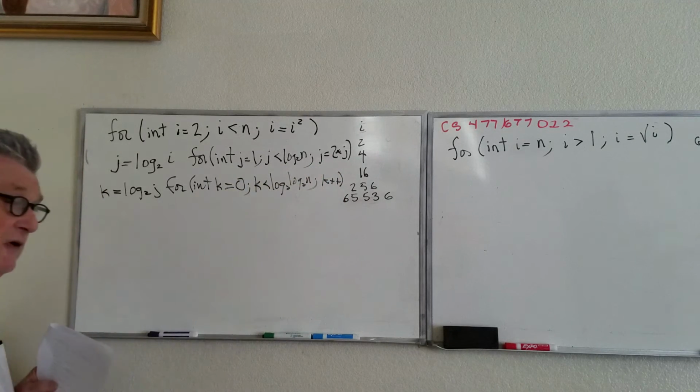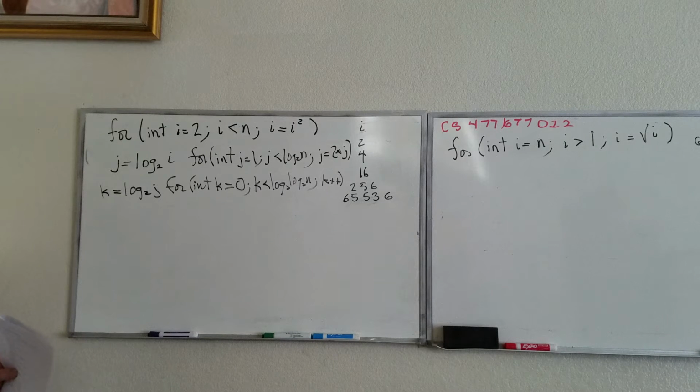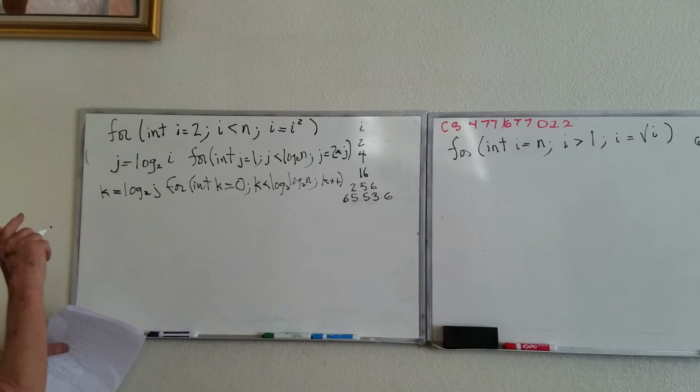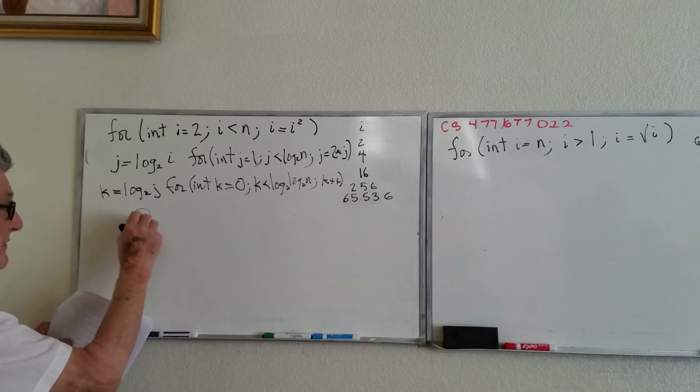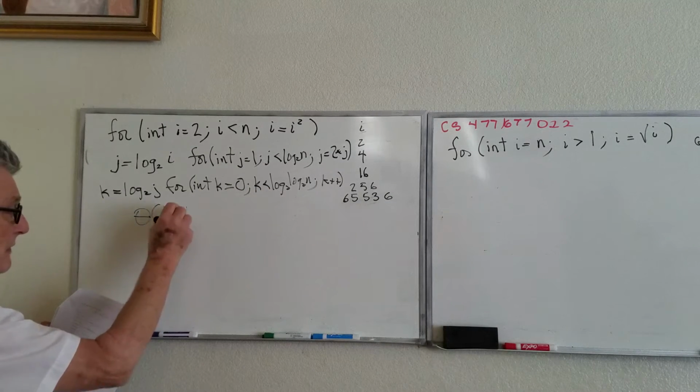When we double j, we only add 1 to its logarithm. Now, by the theorem I put up on a previous slide, we know that the time complexity of this is theta of log n.